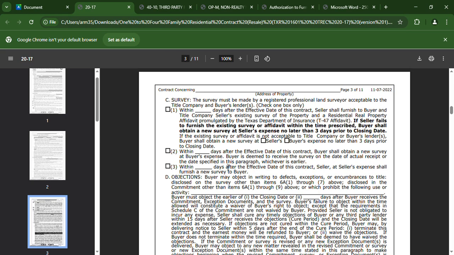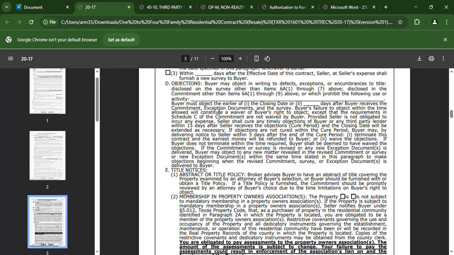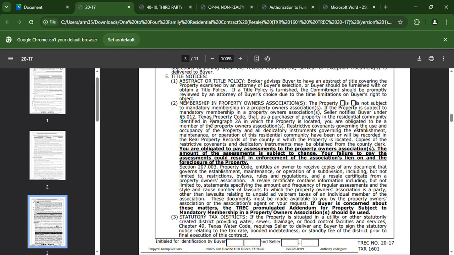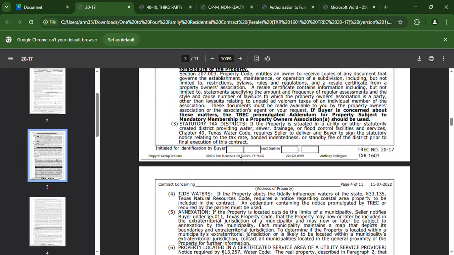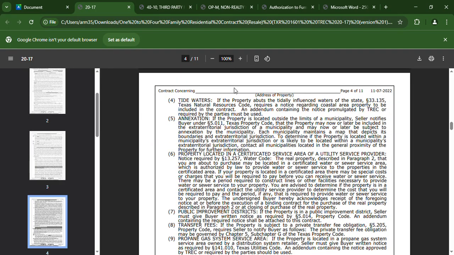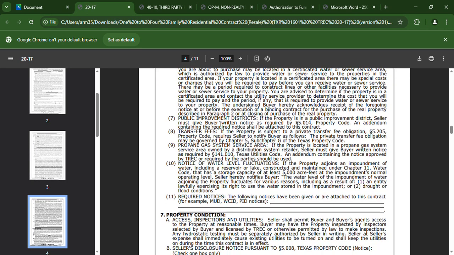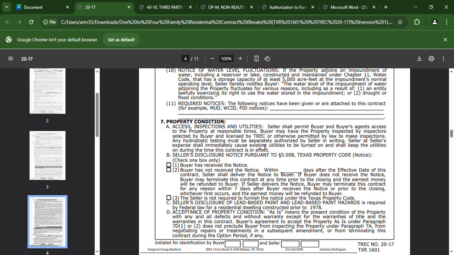And the different things that are attached to that, if there's issues with it and how those can be dealt with. Initials here at the bottom. Address here again, different definitions of things that you should know about.